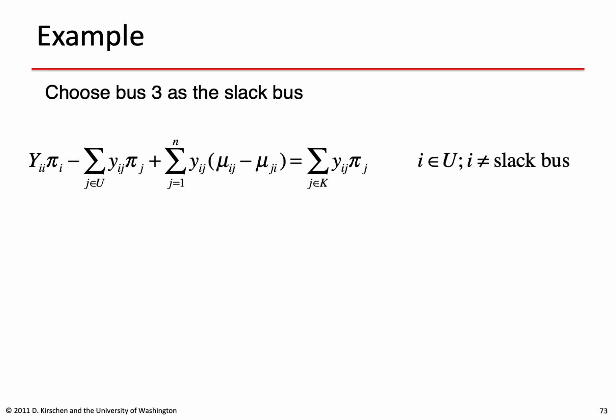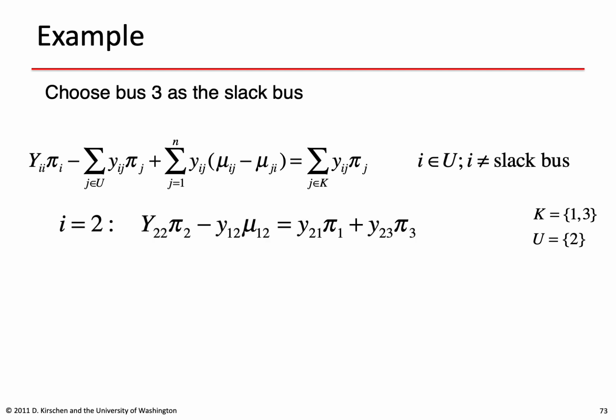Now we bring in the conditions that we wrote for finding the unknown prices and unknown Lagrange multipliers. And the first set corresponds to the equation that has been written for the buses where the price is unknown. In this case, that corresponds to bus 2. So this is the equation that we get when we write it for bus 2.